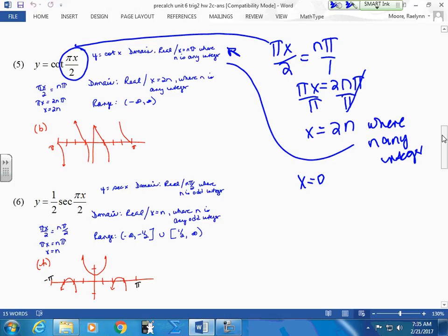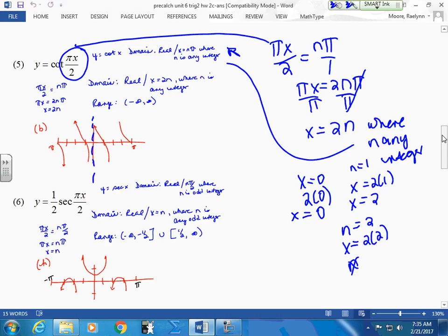So x is equal to 0 radians, it's still at the 0. So here at the 0, I have an asymptote. If n is equal to 1, I'll just do a couple of these. If n is equal to 2, these are in radians.